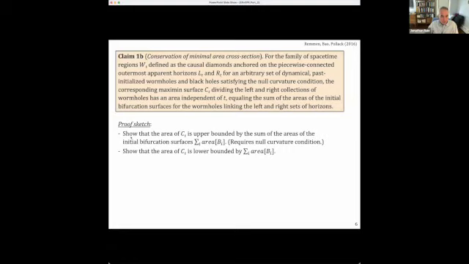And as I understand it, roughly the proof involves showing that this C_T surface is upper bounded by the sum of all the areas of the bifurcation surfaces associated with the wormholes. And it's this part of the proof that requires this technical condition, the null curvature condition in general relativity. And then the second part of the proof is to show that C_T is lower bounded by the same sum.